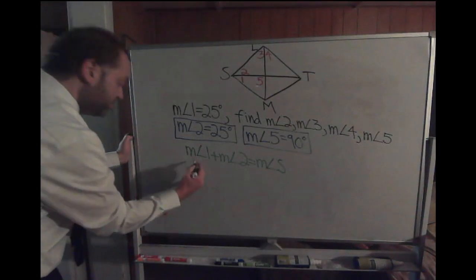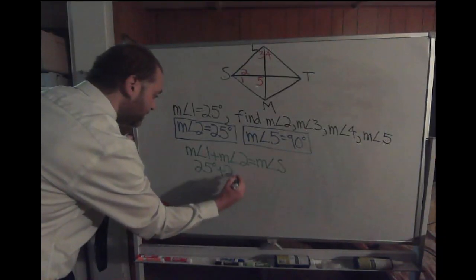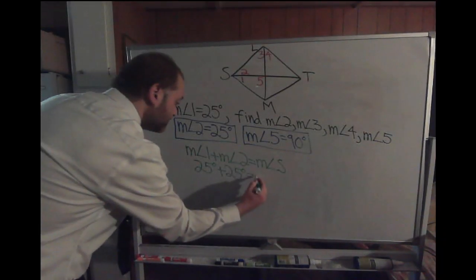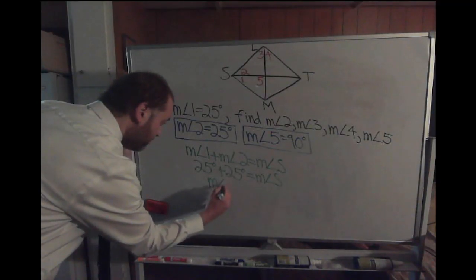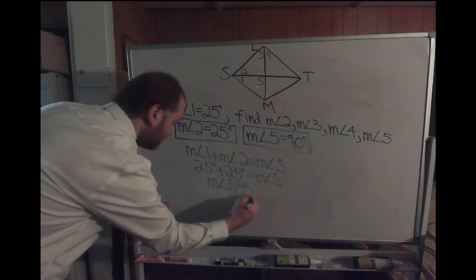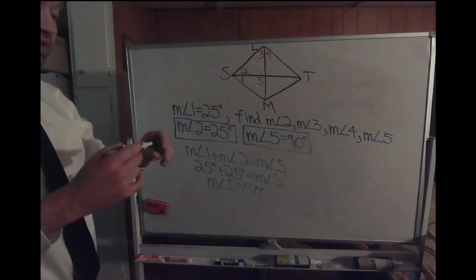So that would turn into 25 degrees plus 25 degrees equals the measure of angle S, which then means the measure of angle S equals 50 degrees. Alright, so we found this to be 50 degrees.